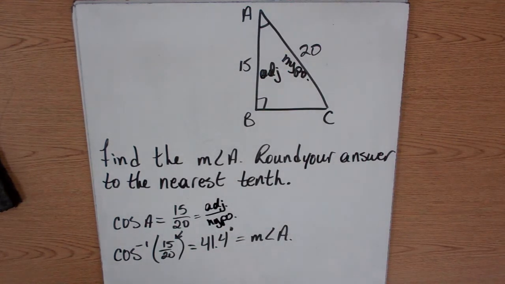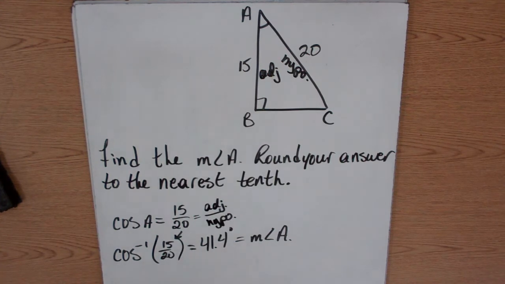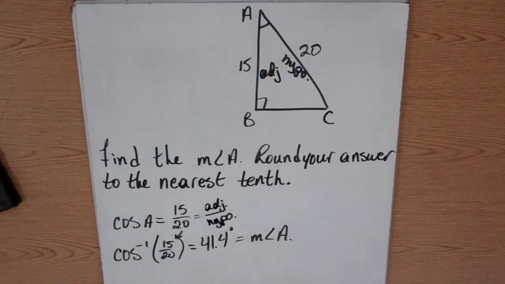So that's 15 over 20. Now, to find the actual angle, we're going to do second cosine to bring up inverse cosine. Inverse cosine of that 15 over 20. Hit enter or equal, and you're going to get the measure of your angle, which in this case comes out to be 41.4 degrees.